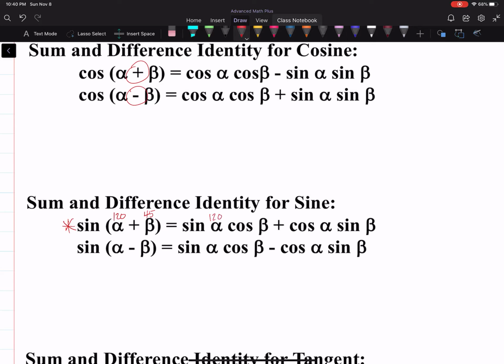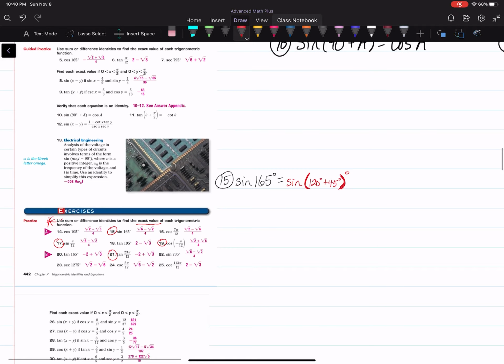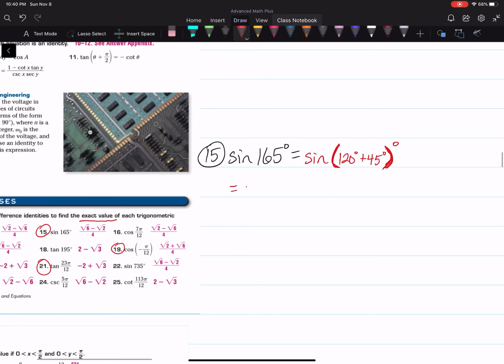So this will equal the sine of 120 times the cosine of 45 plus the cosine of 120 times the sine of 45. And of course, these are all degrees.